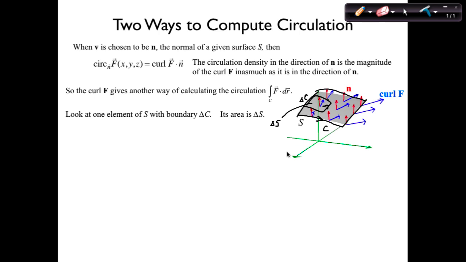You take one element of that surface, it's got a boundary delta C, and its area is delta S. So the circulation of F in the direction of n, we said, would be summing up all of these little delta C's around here per area.